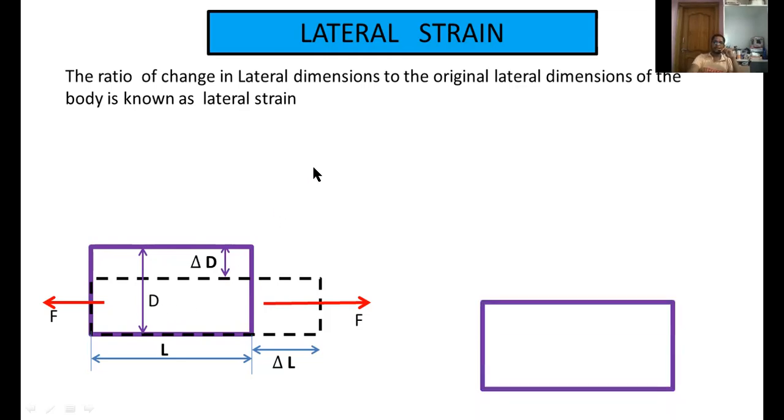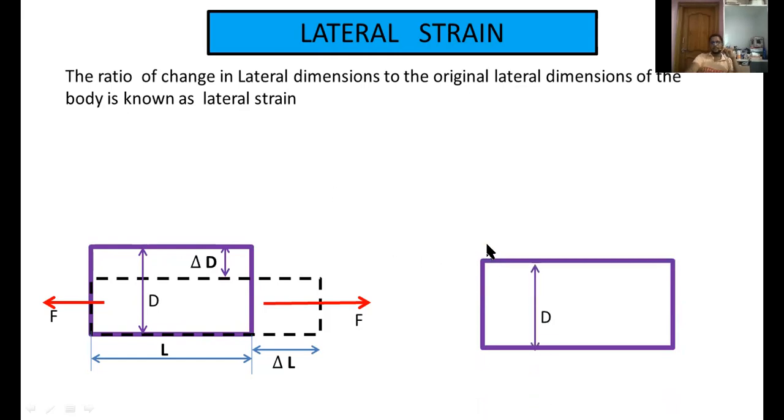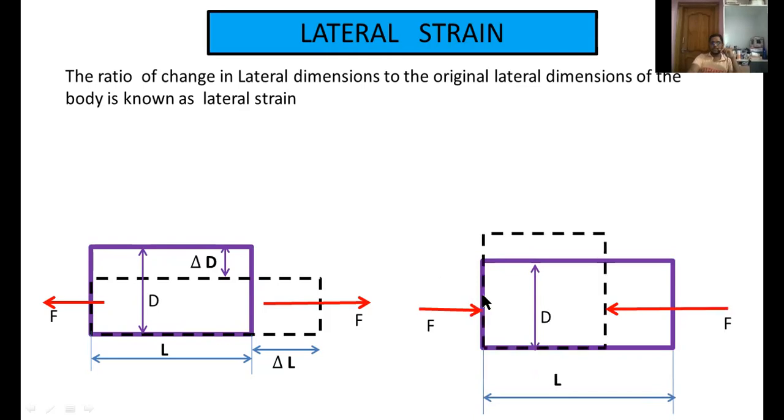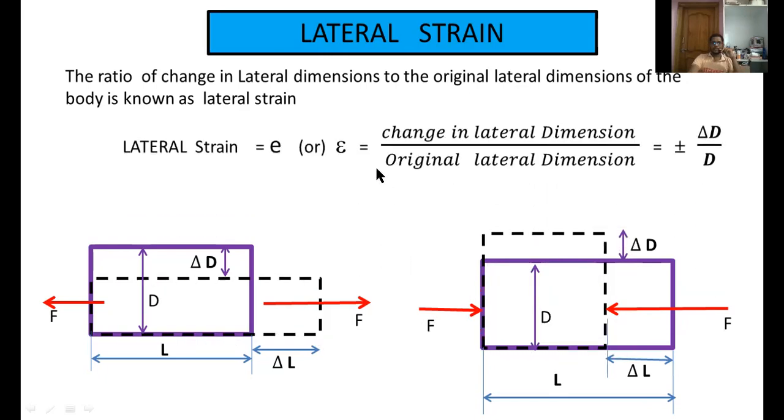When you are applying compressive loads, the diameter of the bar increases and the length of the bar decreases. The compressed length is called change in length, and increase in diameter is called change in diameter. Now the formula for lateral strain equals change in lateral dimension by original lateral dimension. Here the lateral dimension is diameter, so delta D by D.